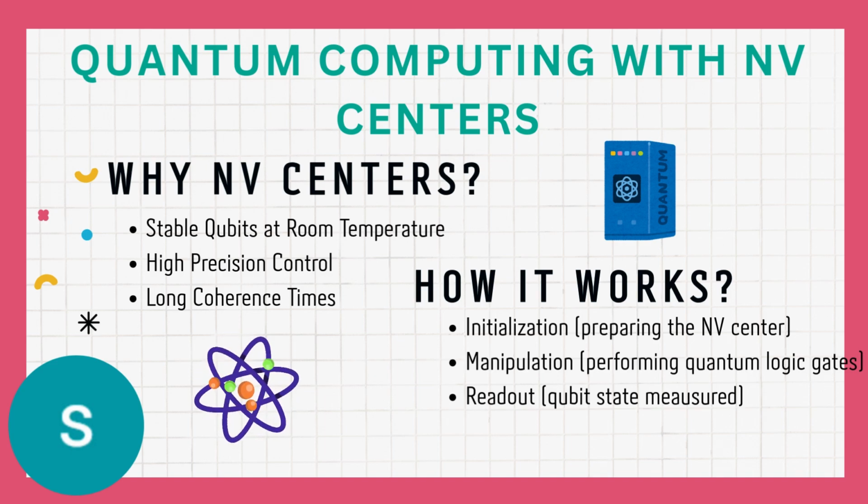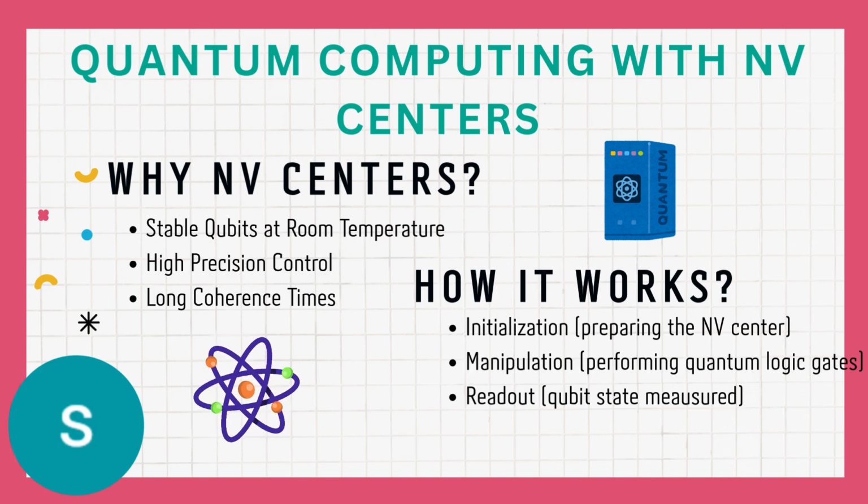Quantum computing with NV centers uses tiny defects in a diamond called nitrogen vacancy centers to store and process information using the rules of quantum mechanics. An NV center is formed when one carbon in a diamond is replaced by a nitrogen, and the neighboring spot is empty.